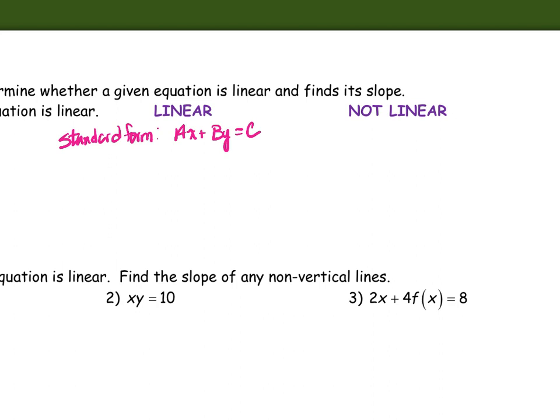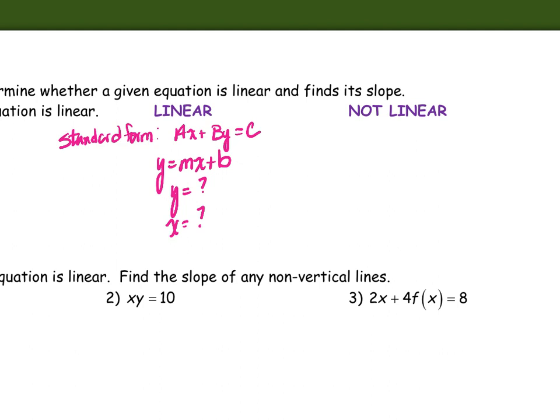Another form is slope-intercept form, right? So it could be y equals mx plus b, right? That's correct. Y equals some number or x equals some number. I just want to point out in all of these, the variables have no exponents. There's no exponents. We're not dividing by a variable.